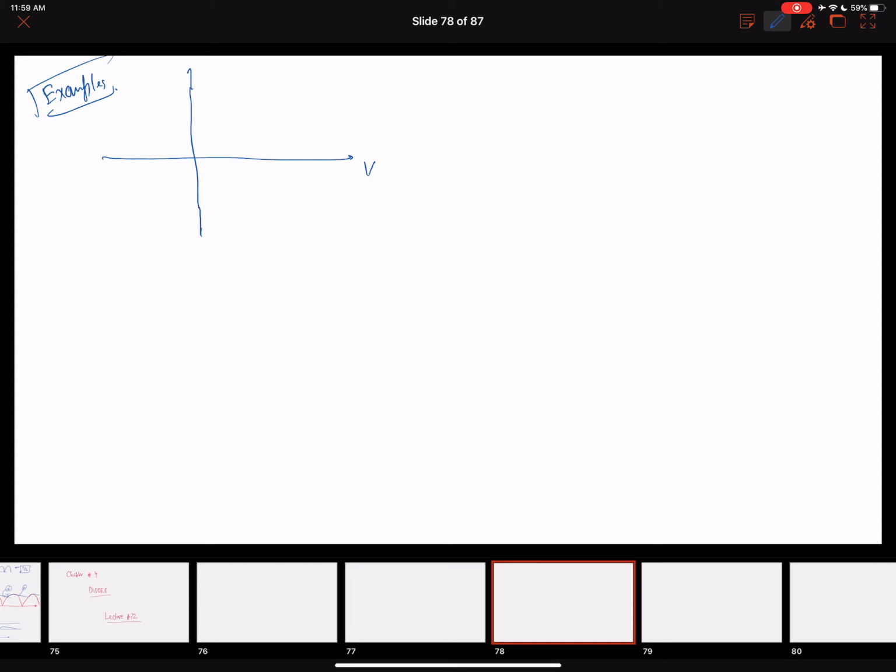This is the V, this is the I. So this will start here and then this. We saw that the typical value when the diode is fully conducting is around 0.7 volts, and when the diode will start to conduct, it is around 0.5 volts.